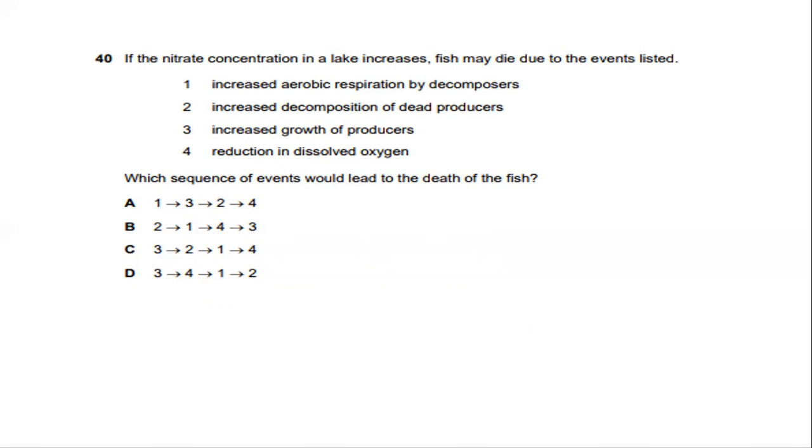So the answer would be an increase in the growth of producers, then the death of those producers, then increased aerobic respiration by decomposers, and finally a reduction in dissolved oxygen. So the answer for this is C.